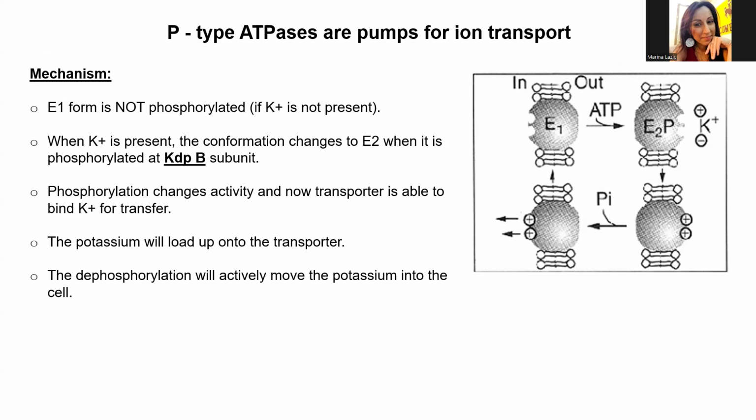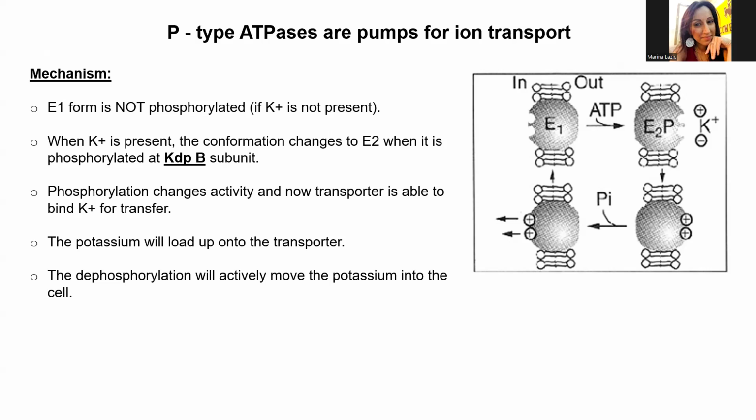What the next step is: when it binds potassium in the phosphorylated state, in order to release that potassium into the cell, you have to dephosphorylate the B subunit. There is a phosphatase that removes the phosphate from E2, and the transporter goes from E2 into the E1 state, and potassium is released into the cell.